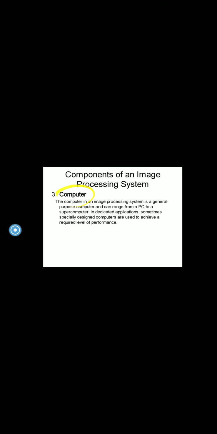Next, we are going to talk about computers. In an image processing system, we should obviously have a digital computer. The computer can be a general purpose computer. Depending on the application, it can range from an ordinary PC to a supercomputer.